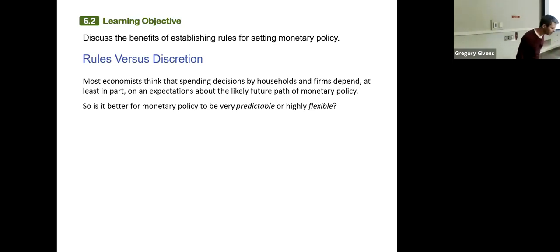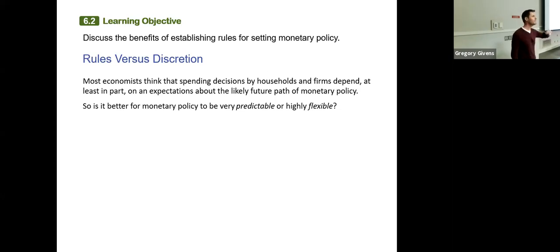Or is it better to allow the central bank to have much greater flexibility in responding to changes in the economy? In other words, should policy be set according to something called a fixed rule that is very predictable by the private sector? Or should monetary policy be allowed to practice what we call discretion?